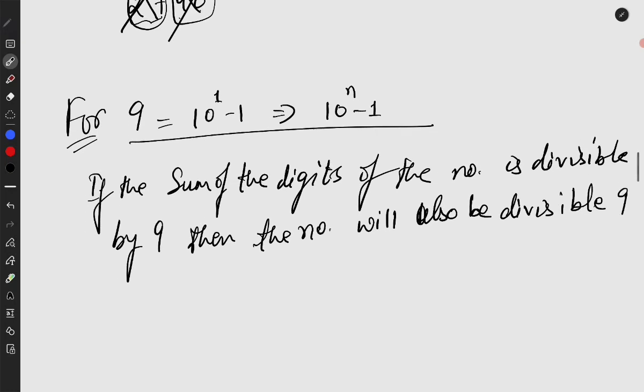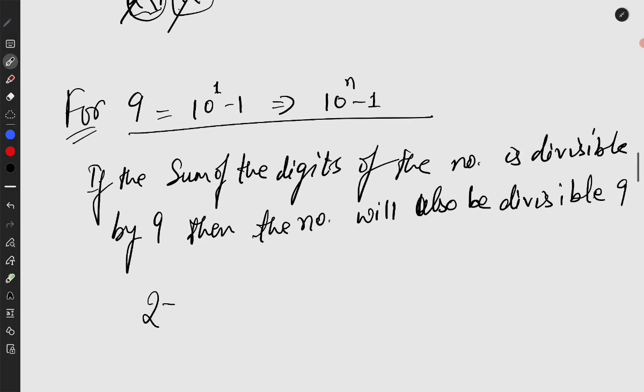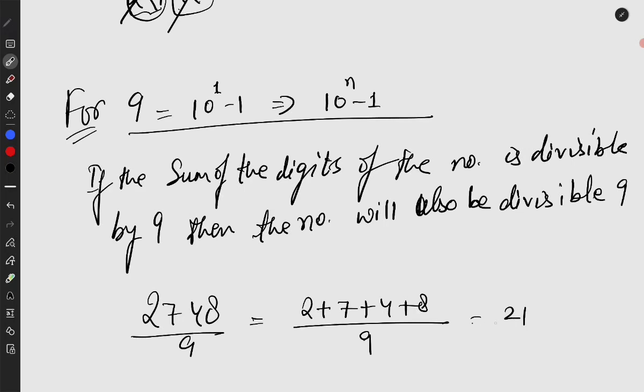Alright, for example, we have 2748. Now let's check for this. We don't need to do that. All we can do is 2 plus 7 plus 4 plus 8. That adds up to 21. Now 21 is not a multiple of 9, so 21 will not be divisible by 9. Hence this number will not be divisible by 9.